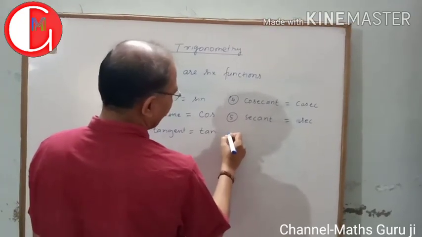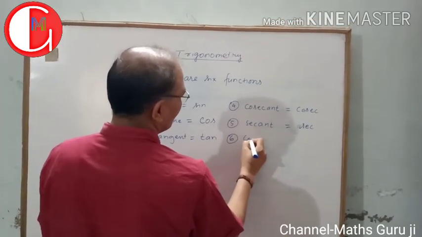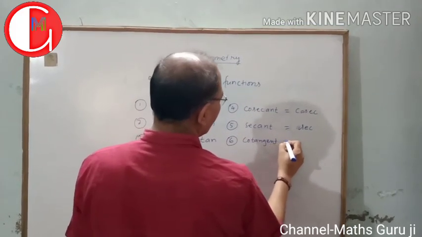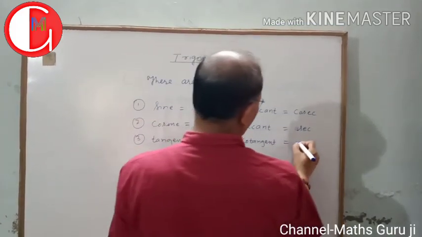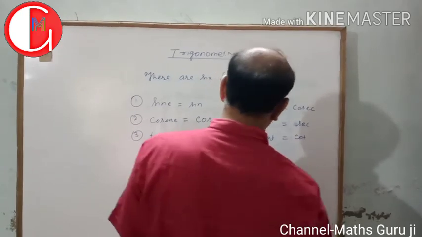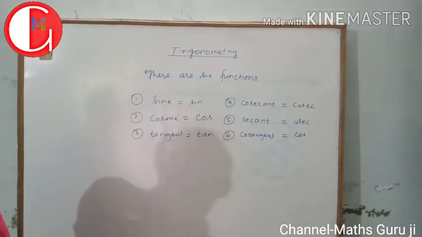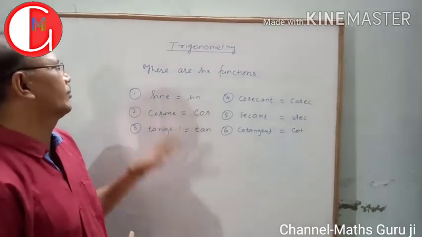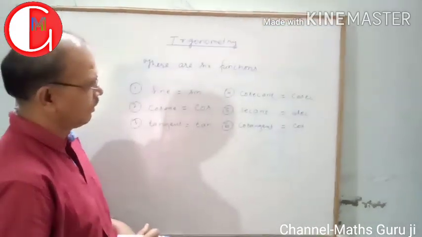And cotangent, cot in short way. These are the 6 functions of trigonometry.